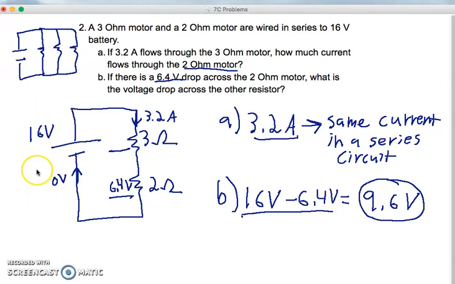So again, make sure you have all this written down, and maybe take a second to think about what the differences are between series and parallel. Current and voltage in the two behave in opposite ways. But either way, that's it for now.